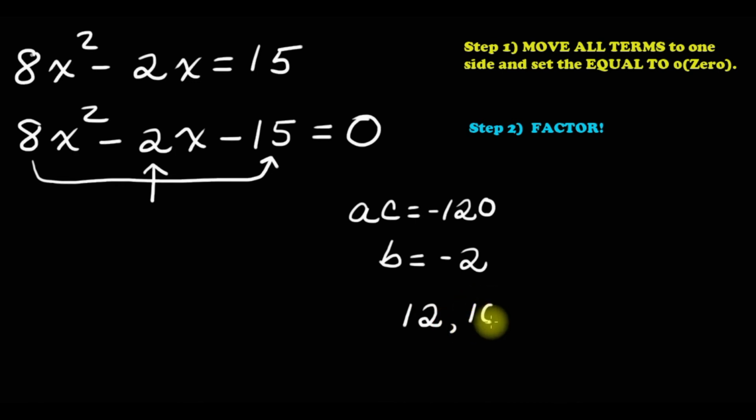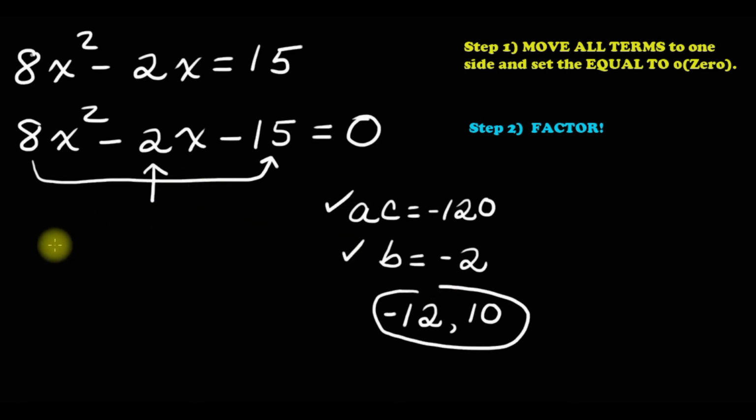And then one of these has to be a negative number. So how about we try negative 12 and then we test it out. Negative 12 times positive 10 is negative 120. So that works out. And then negative 12 plus positive 10 is negative 2. So these two numbers are the two factors that we're looking for.